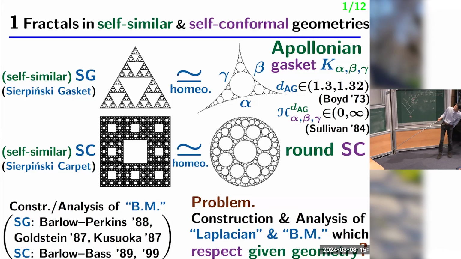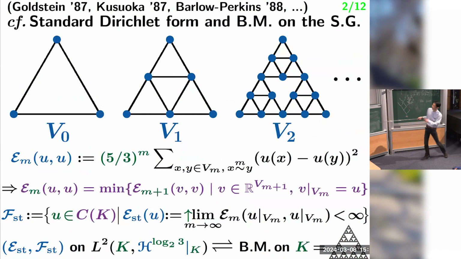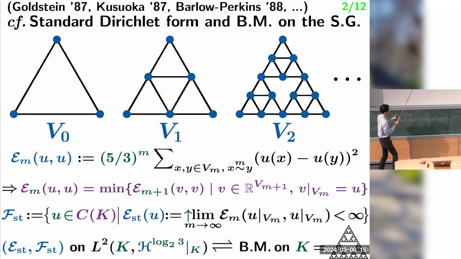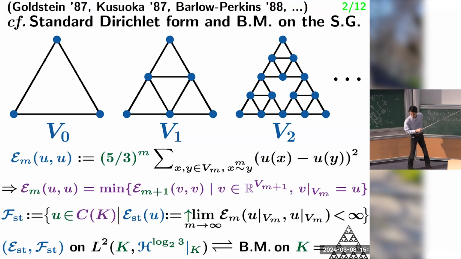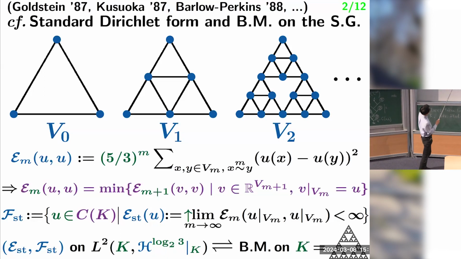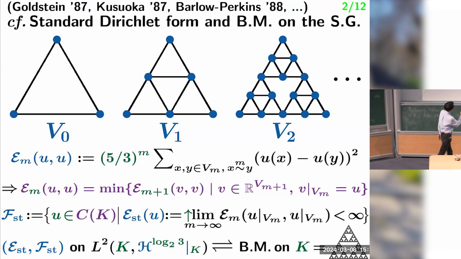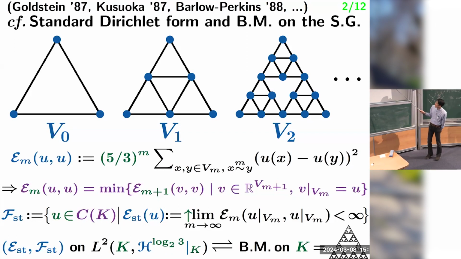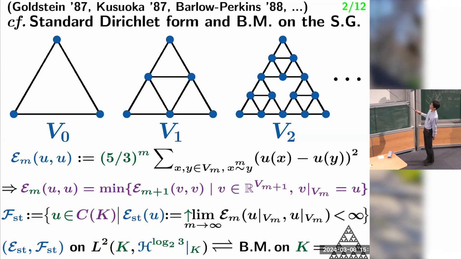Just briefly. This illustrates the construction of the Dirichlet form corresponding to the Brownian motion in the case of the Sierpinski gasket. So we consider this sequence of graph approximations of the Sierpinski gasket. And at each stage, we just consider the Dirichlet form given by the combinatorial graph energy.